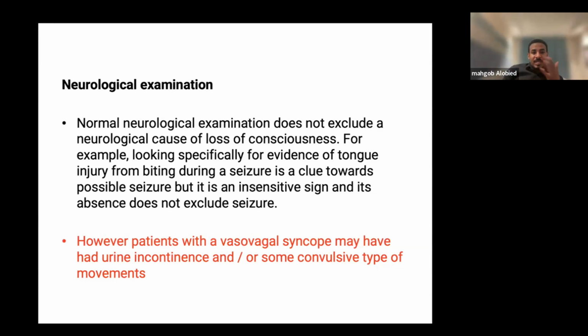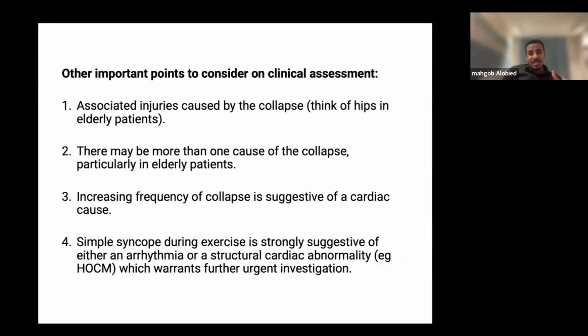So here you finish the history and examination, and you will have a picture of what's going on. It should not take more than 10 minutes with the patient. Then you will come to the other part of the clinical assessment: you have to look for injuries, because the patient fell down, he may have an injury at any part, especially the wrist and the hip in an elderly patient.